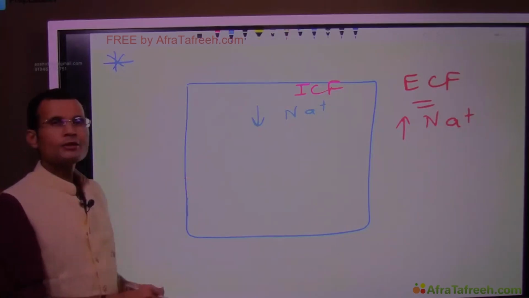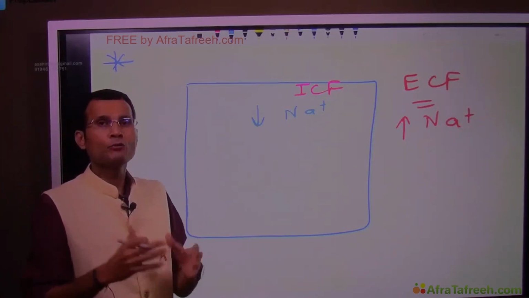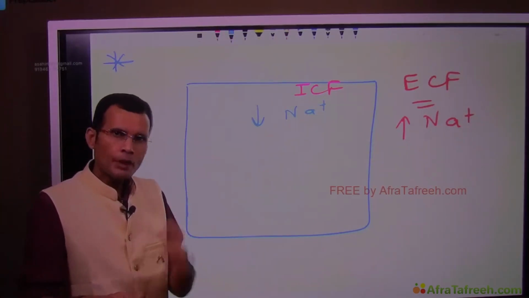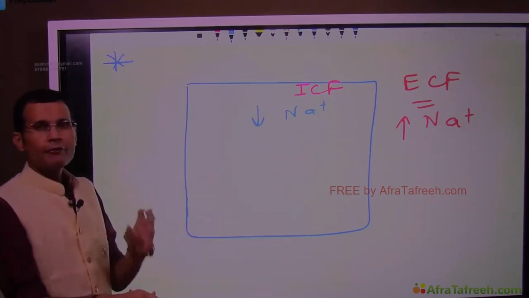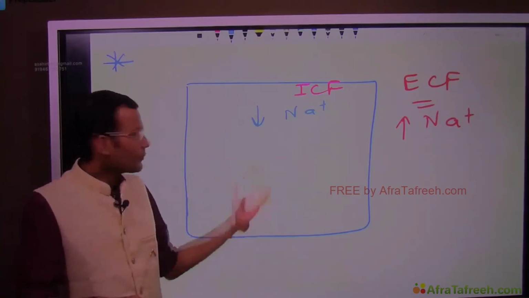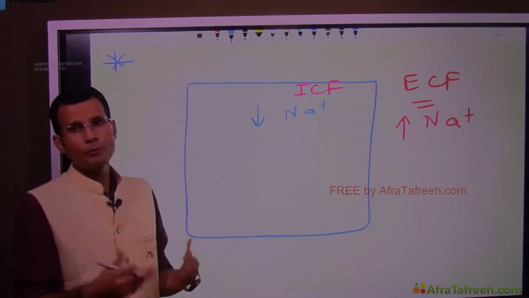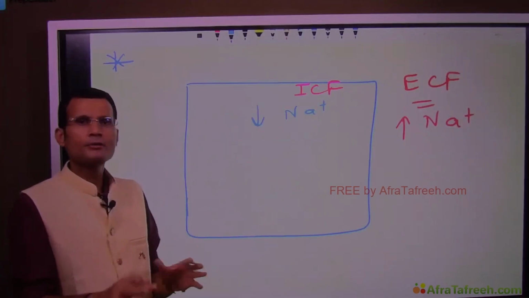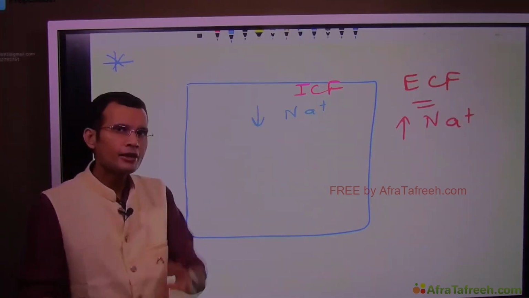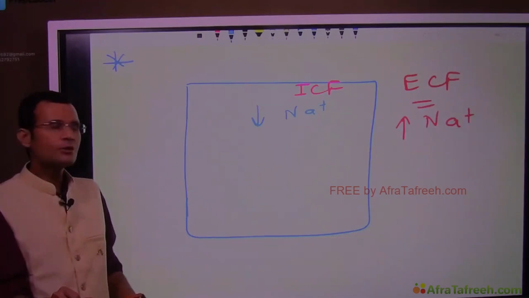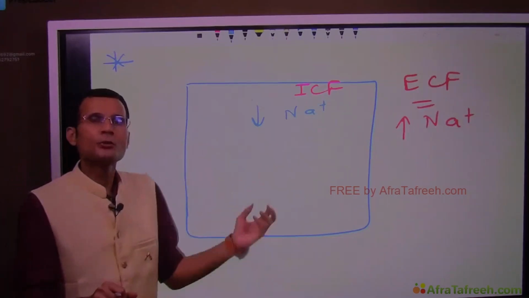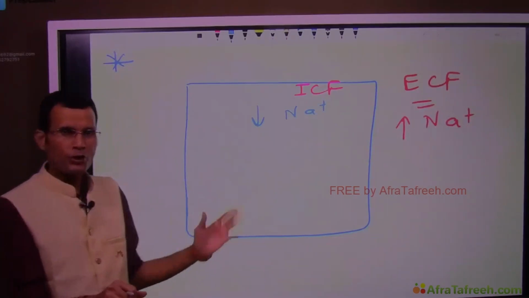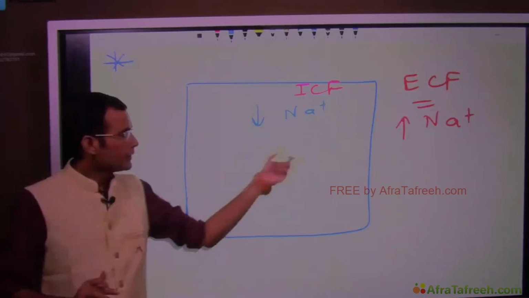Because sodium is osmotically active. It pulls water towards it by osmosis, and therefore if sodium remained high inside the cells, it would pull water into the cells. All the cells would swell and burst, and therefore we will see later that we have specific mechanisms to extrude this sodium out of the cell. But remember, for now, this is the sodium.